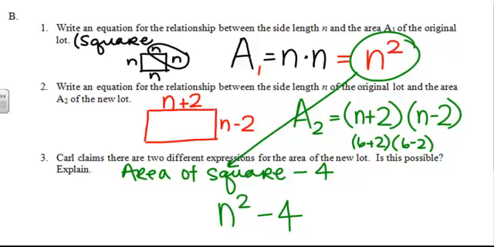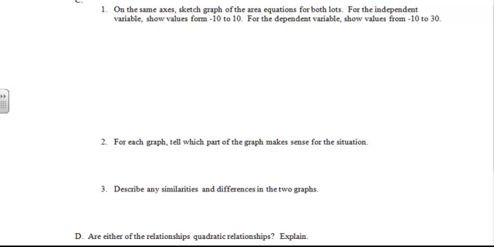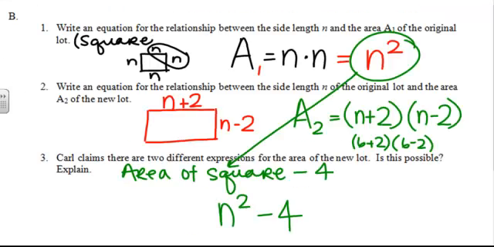So flip the page over in your notes. And you guys are going to graph these two equations. The two equations are this one, the n squared, and then these two, remember, mean exactly the same thing. Both of these are for our rectangle.